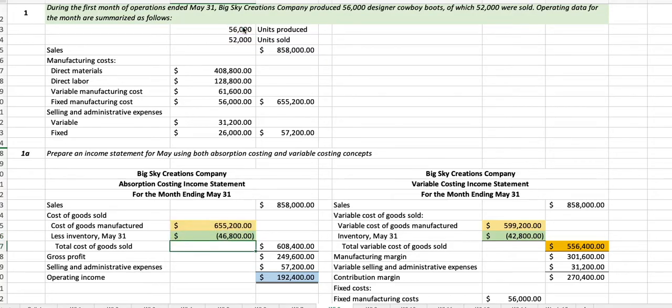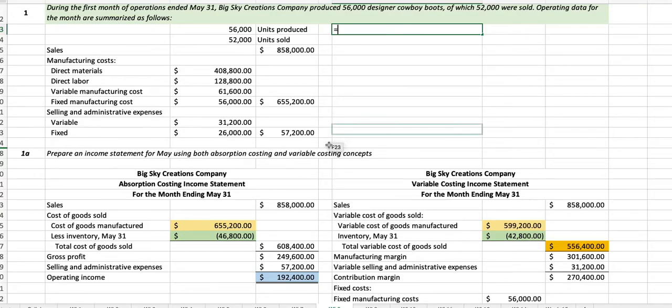But let's look at those interim calculations. So first of all, let's talk about the cost of goods manufactured per unit. I'm actually going to pick up my cost of goods manufactured, and I'm going to divide it by the units that I produced. This tells me that each unit was $11.70.